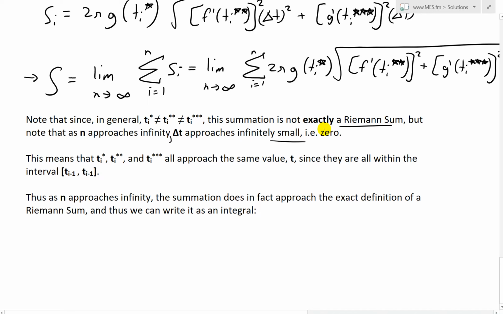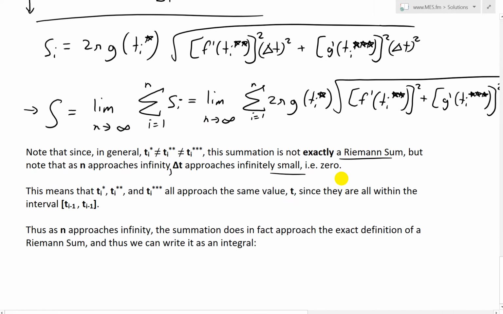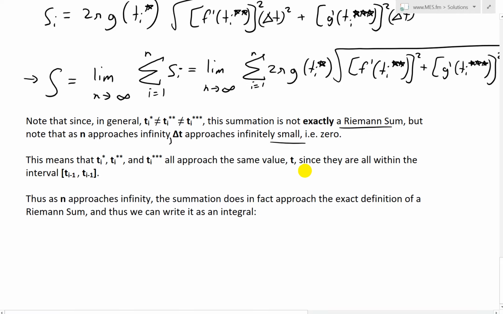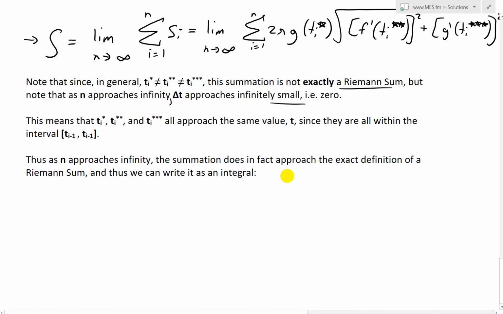In other words, it's approaching 0. So to get an infinite number of segments, we basically have to get increasingly small delta t intervals. This means that ti star, ti double star, and ti triple star all approach the same value. Let's just call it t, since they are all within the interval ti minus 1 to ti.